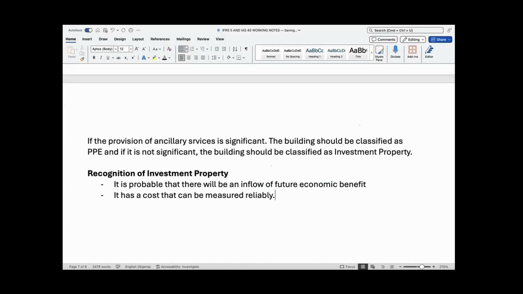This is just the same recognition criteria as for PPE, it's the same thing for this as well.